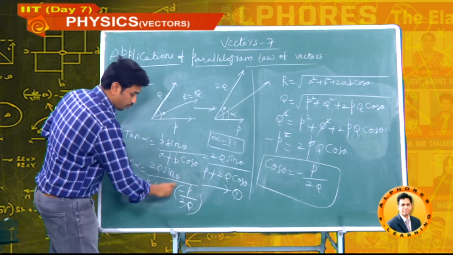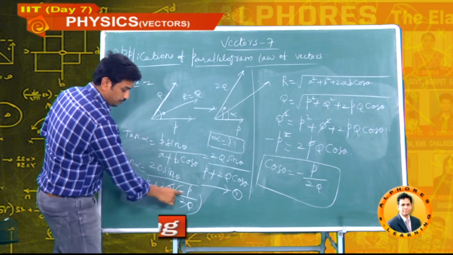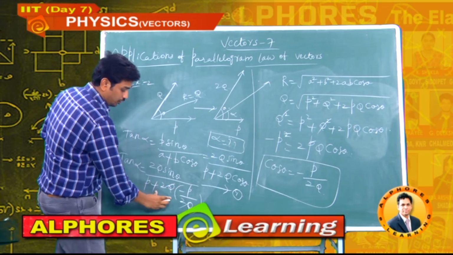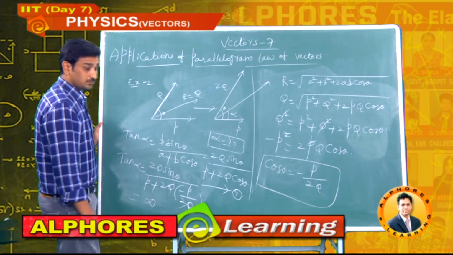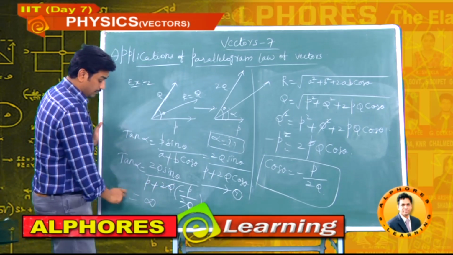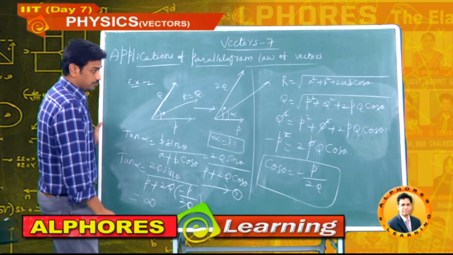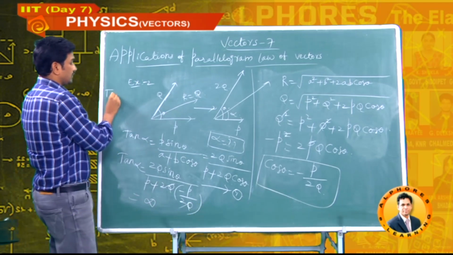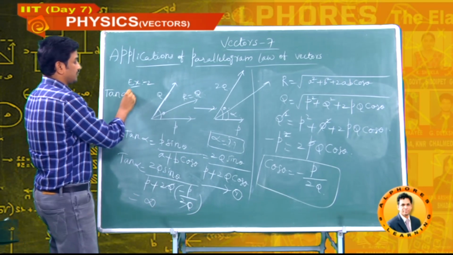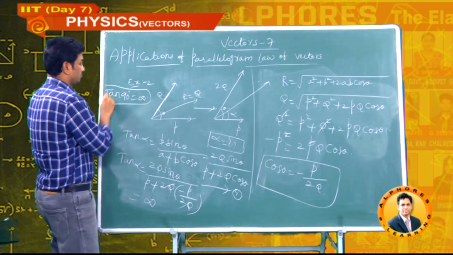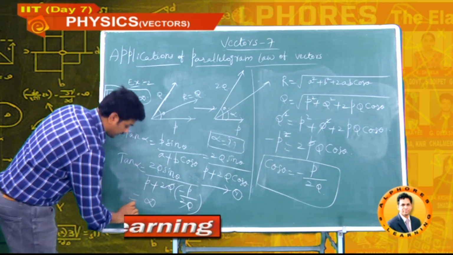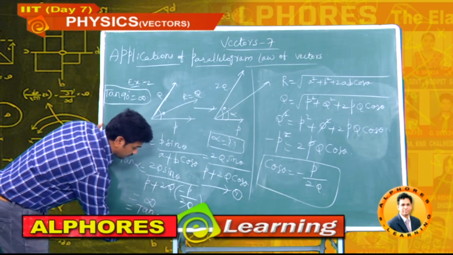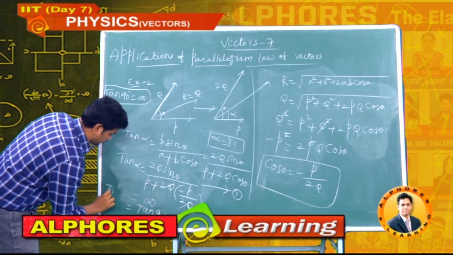See here 2Q cancels, P minus P is 0, denominator 0, something by 0 is infinity. Now tan alpha is infinity. You know tan 90 degrees is infinity, so I will replace infinity with tan 90 degrees.